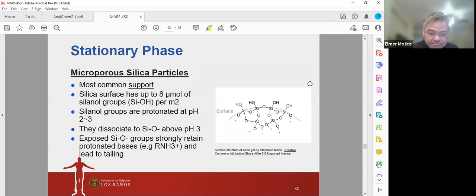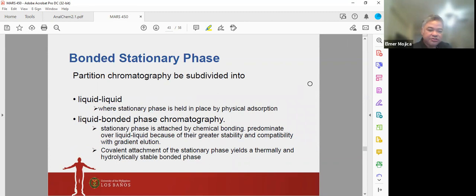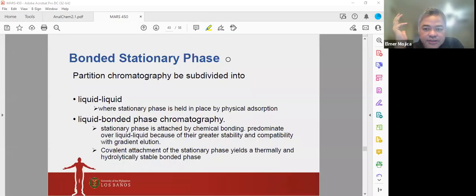Now, in addition to that, we can go to the bonded stationary phase. As said in the previous slide, partition chromatography, which makes use of the bonded stationary phase, can be subdivided into liquid-liquid, where your stationary phase is held in place by physical adsorption, and liquid bonded phase chromatography, where the stationary phase is attached by chemical bonding.